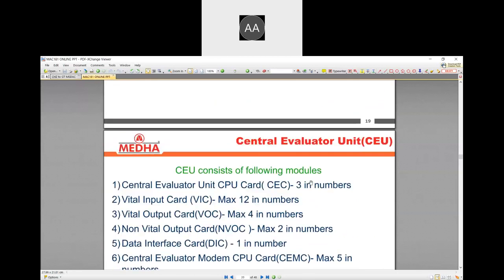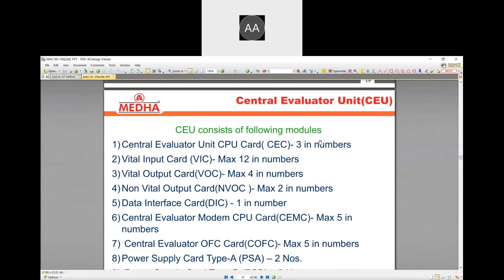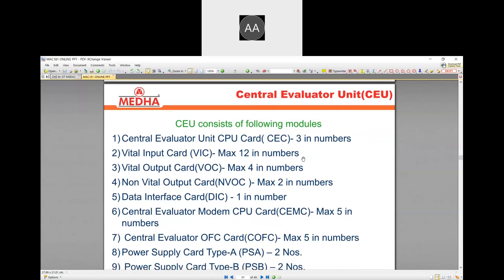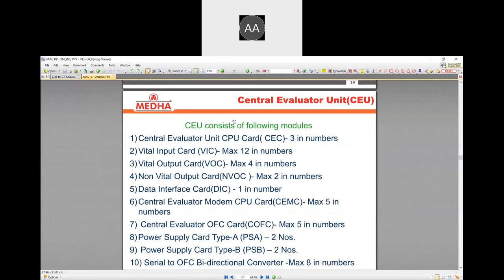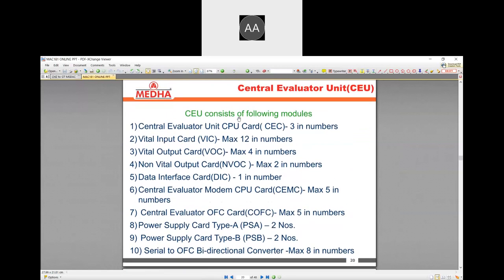So this is the conclusion of how many units or cards are provided in the central evaluator unit. As discussed earlier, the number of processors will be 3, following the 2 out of 3 architecture. The number of vital input cards is 12, output is maximum 4, non-vital 2, and the data interface card will be 1, which will give information to the data logger as well as the DT.